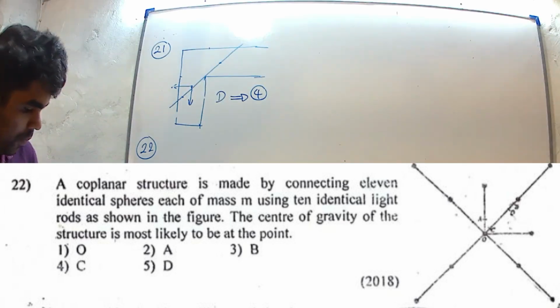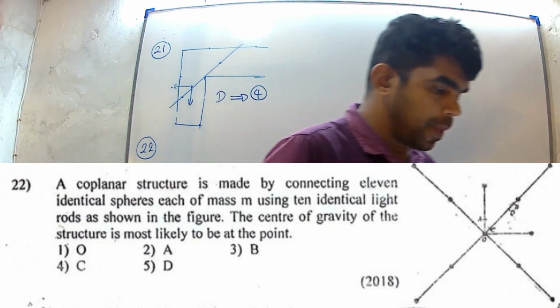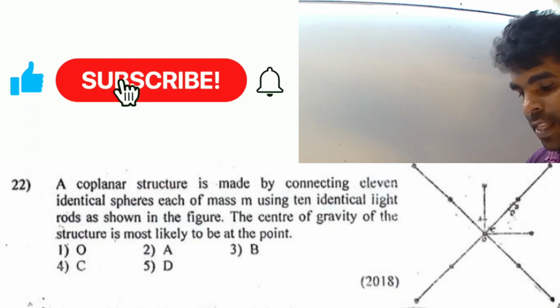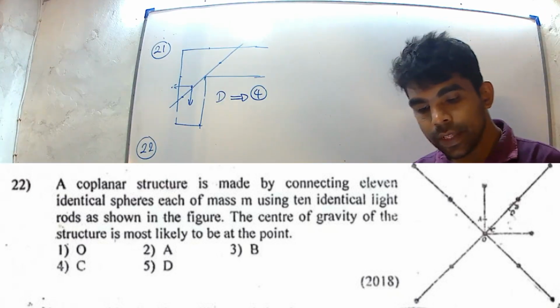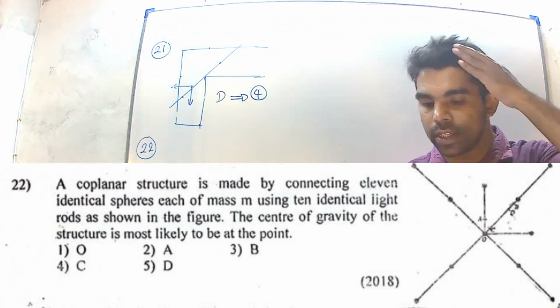Then 22. A coplanar structure is made by connecting 11 identical spheres, each of mass M, using identical light rods as shown in the figure. The center of gravity of the structure is most likely to be at the point.